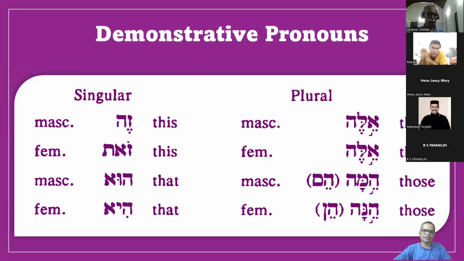That. The masculine, hu, that, feminine, hi, that. And masculine plural for that is those. In the independent personal pronouns, we saw that hem will be used often and sometimes the hema. Here it is hema and hem. And for feminine plural, there it was hen, henna, and here it is henna and hen.